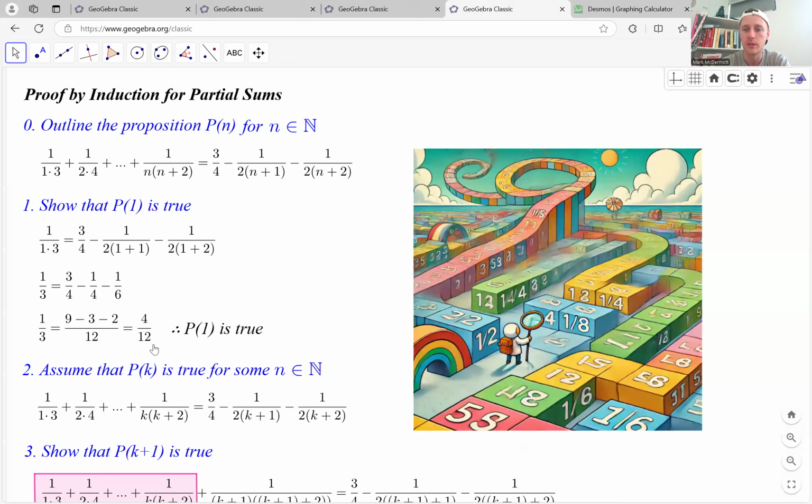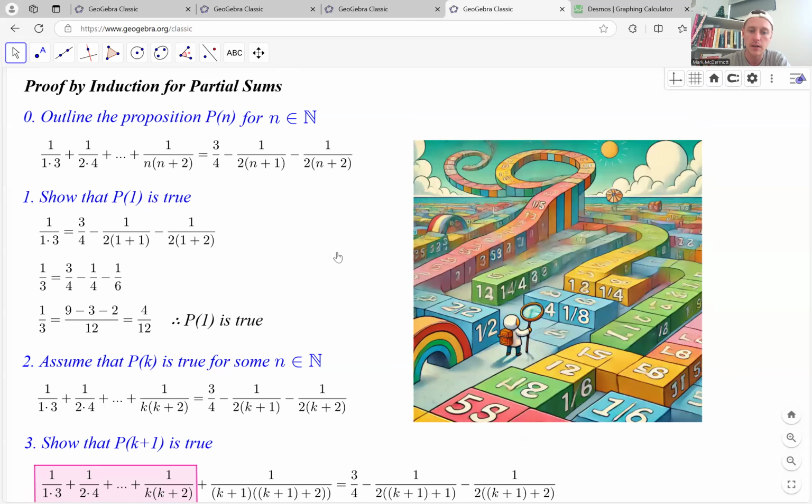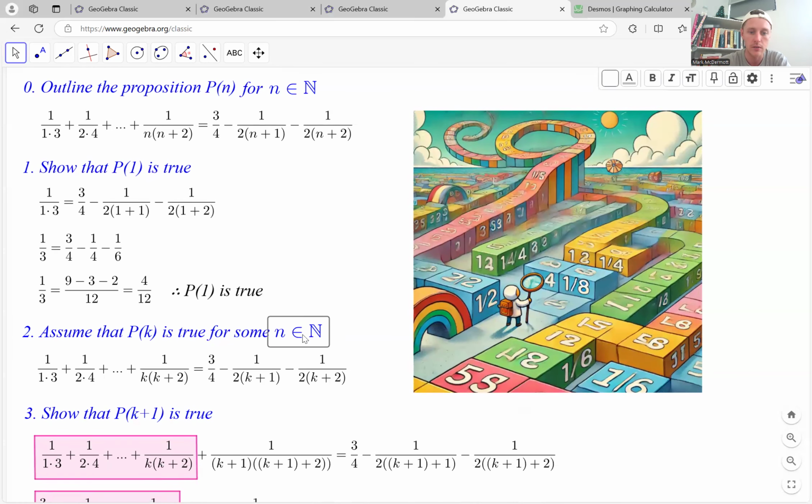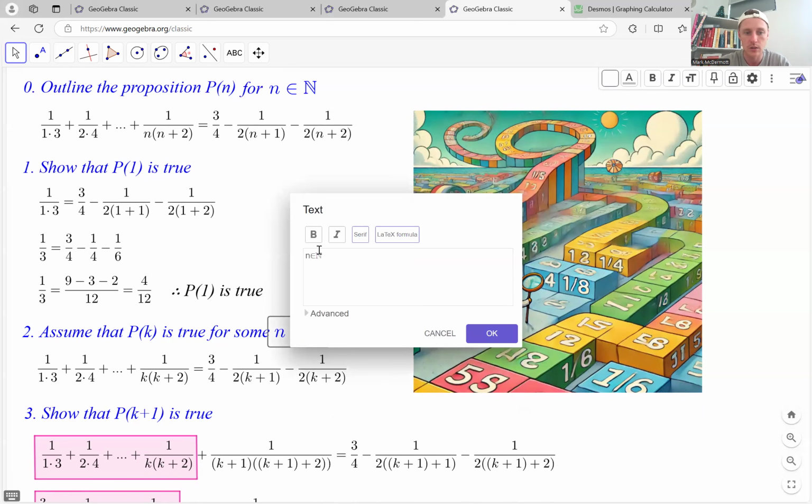So we have proven the first step of our proof by induction, which means we've got our first foot on the ladder. Now what we need to do is assume that this holds true for some other value k, and obviously this is taken from before. It needs to be a k.